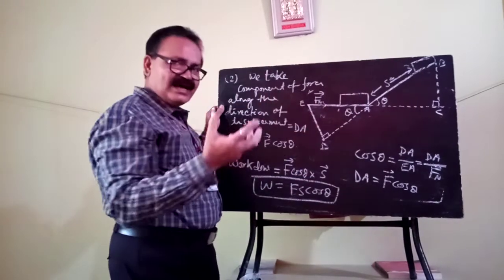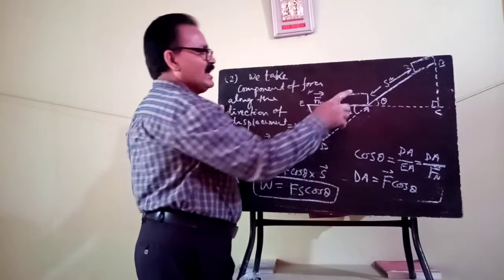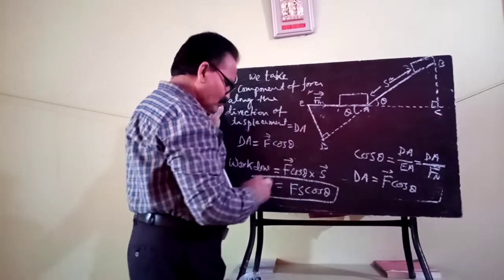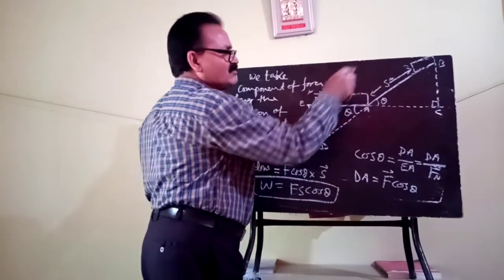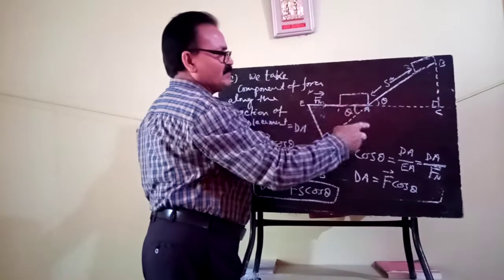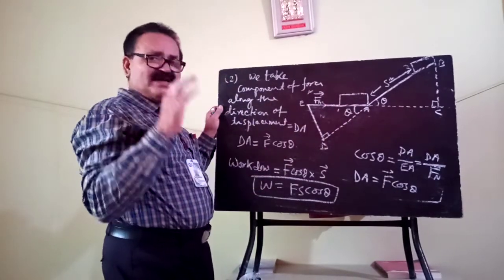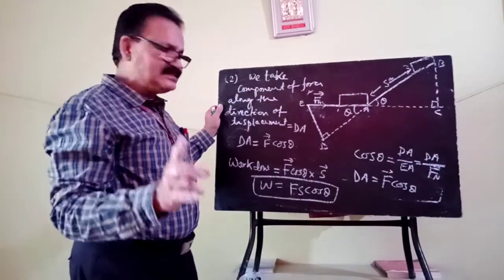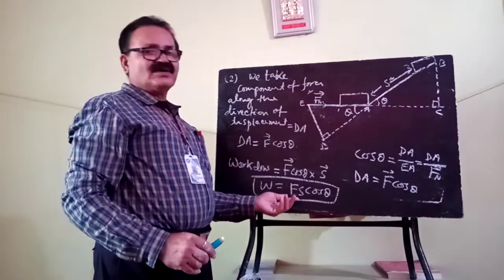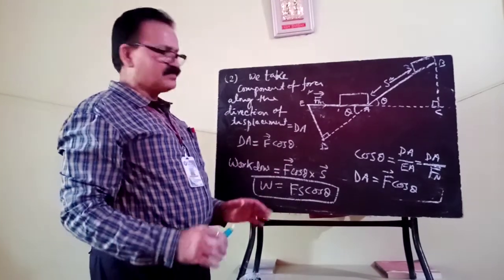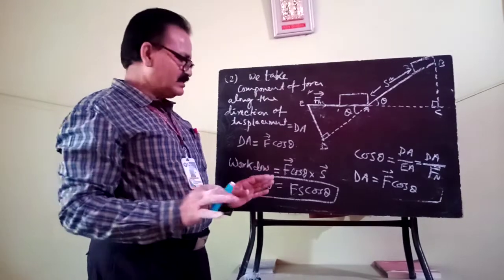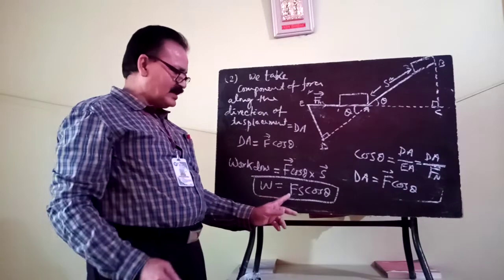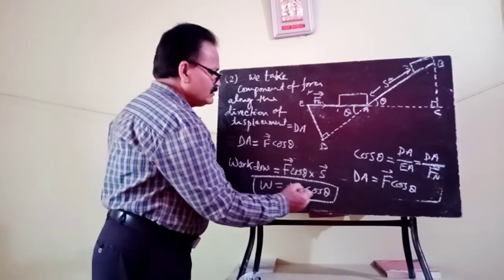That means a part of the force, the component of force applied on the coin, displaces the coin by making an angle theta, and there is remaining force due to which the striker proceeds forward. So in that situation, we have to find out the component of force along the direction of your displacement. Okay, clear?